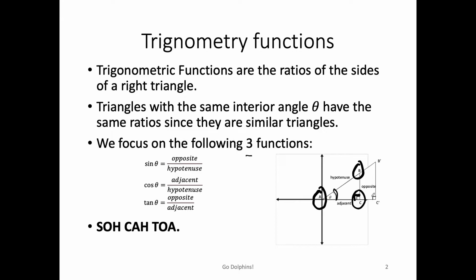To be clarified, the side that is opposite of the right angle is the hypotenuse. And if you have angle theta here, then the opposite side and the adjacent side. We can use these 9 letters to help us memorize how sine, cosine, and tangent are defined.